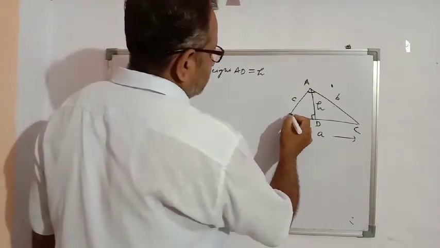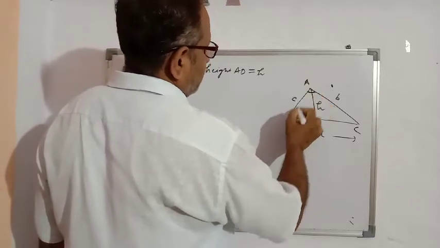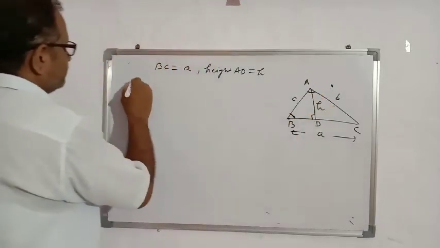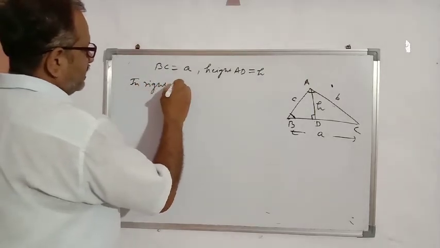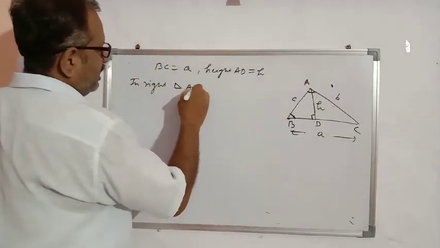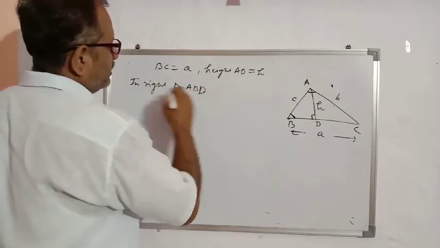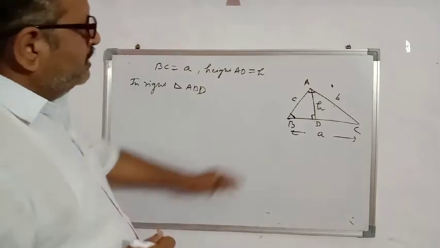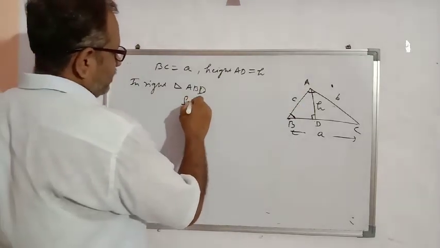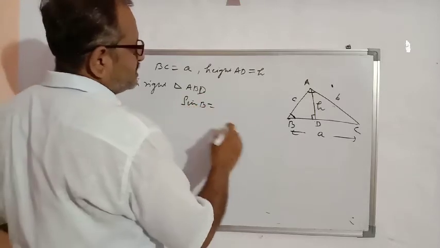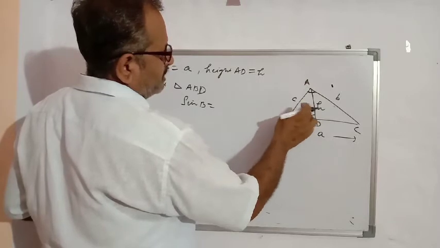This angle is angle B, in right triangle ABD. If we take sine B, using trigonometry, what will be sine B? Sine B is perpendicular by hypotenuse.